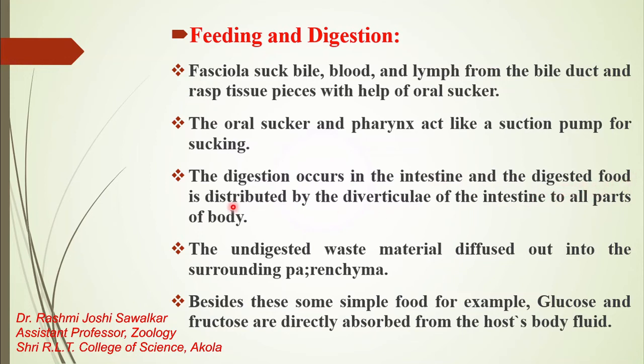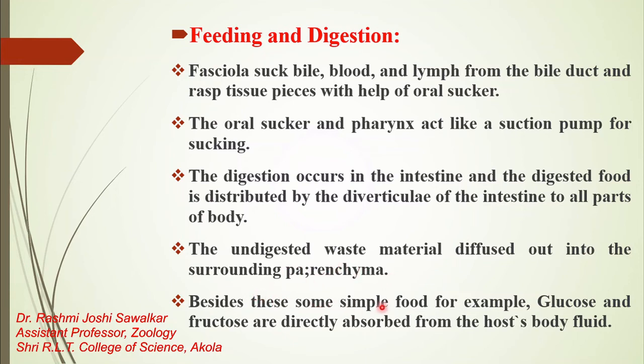This digested food is distributed by the diverticula, all the finger-like projections of the cecae, which are called lateral diverticula. The function of lateral diverticula is the distribution of food to all parts of the body. The undigested waste material diffuses out into the surrounding by parenchyma.